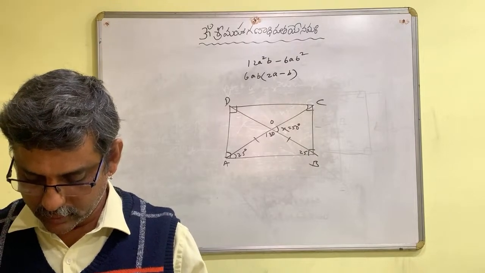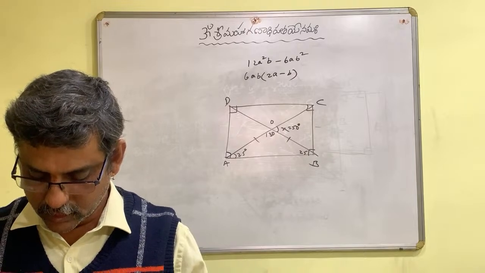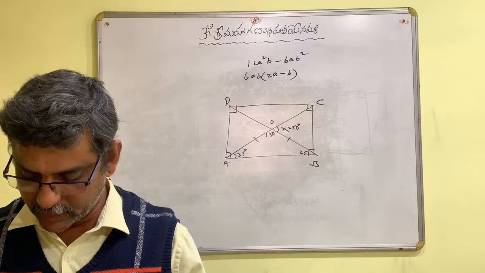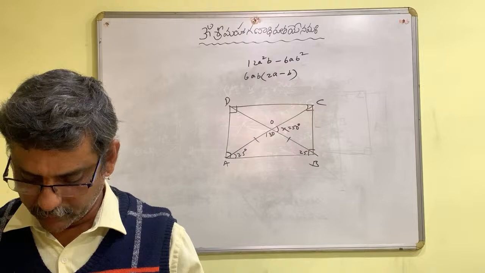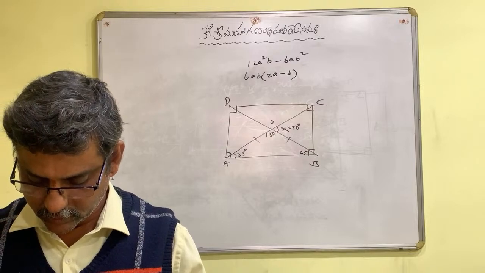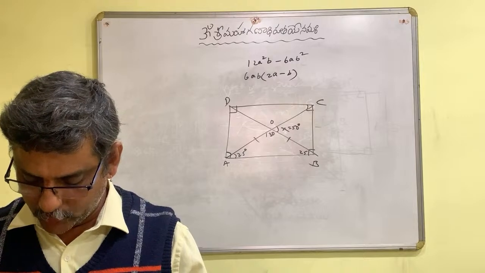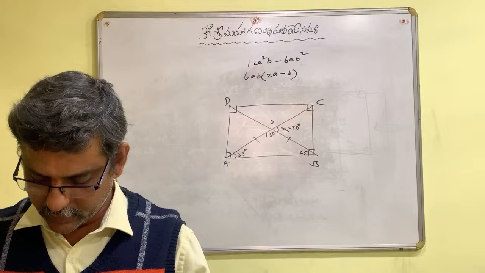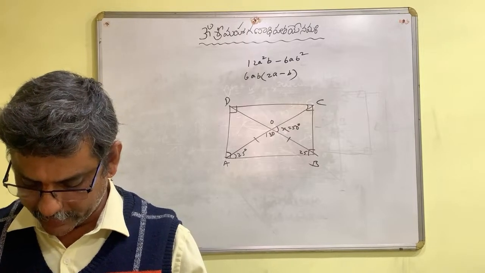Question number 19. See the directions. In the following question, an assertion is followed by a reason. Mark the correct one. According to Euclid's first axiom, things which are equal to the same thing are equal to one another.